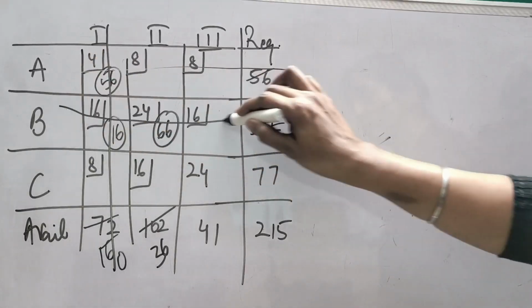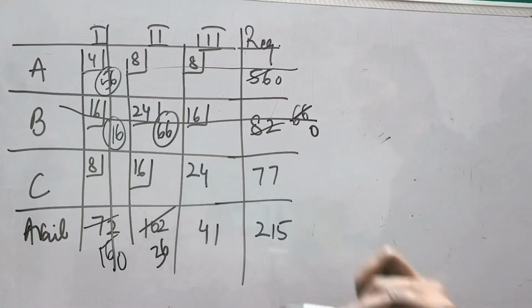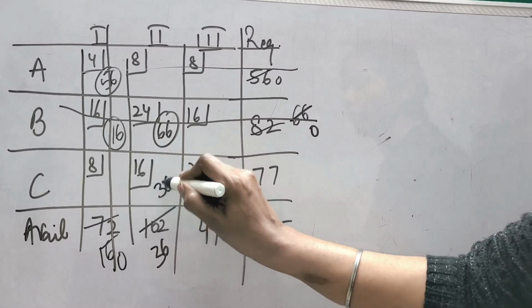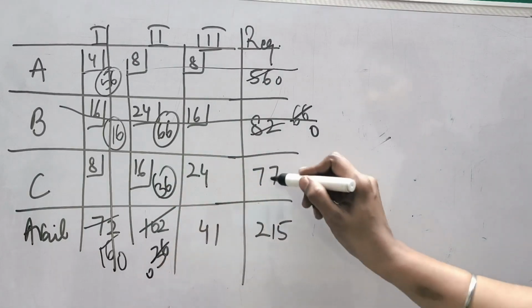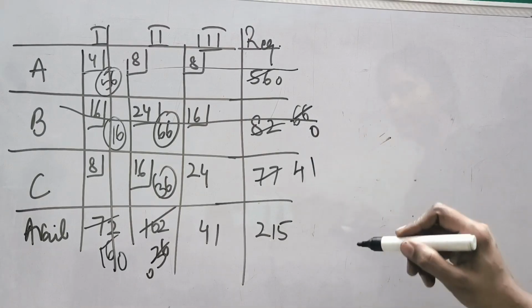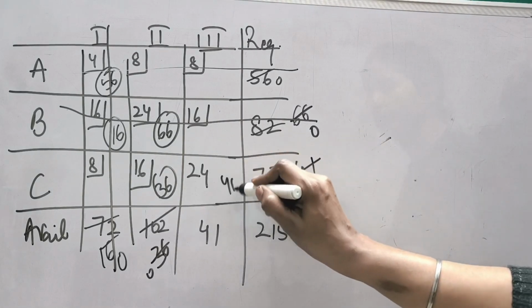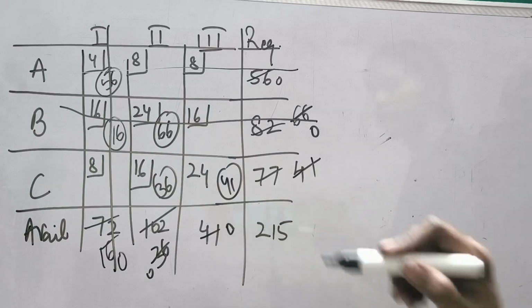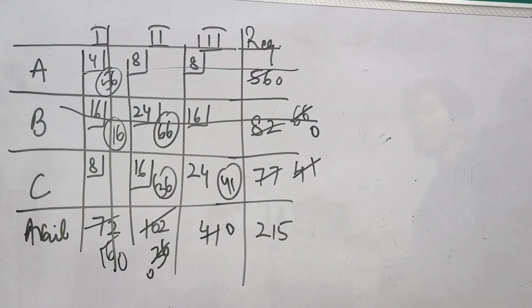So with this, the column will be deleted, only 2 are left. So this is the northwest corner, 36 will be given, 0, and we will be left with 41. So 41 will be allotted here, it will become 0.